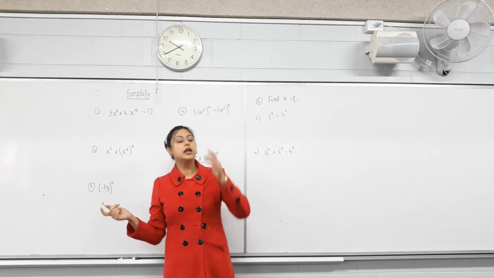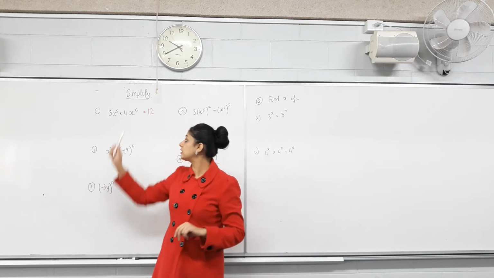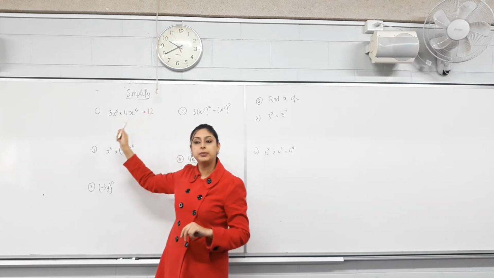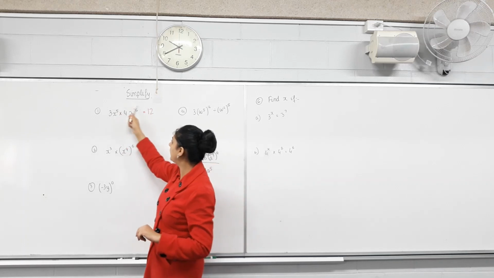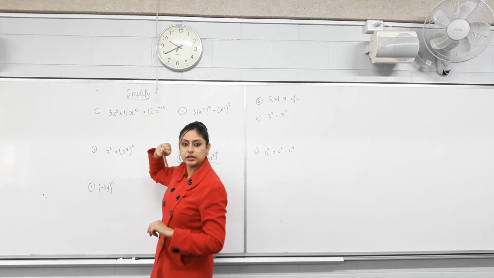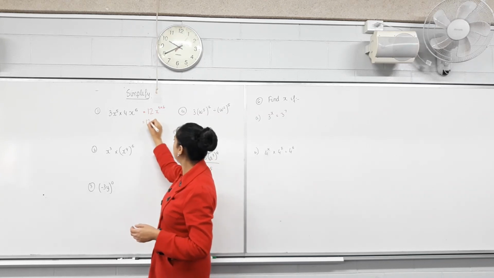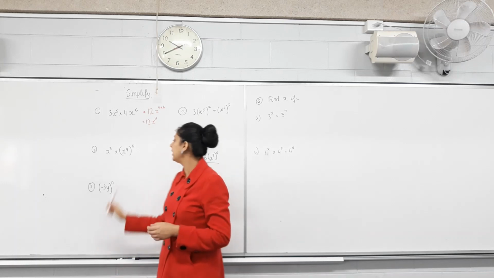Yes. And they're being multiplied or divided? Multiplied. So same base, x and x, and they're being multiplied. What happens to the powers? Added. So can I say 5 plus 6? So x to the power of 5 plus 6, which is 11. That's it. So 12 times x to the power of 11. Does that make sense?